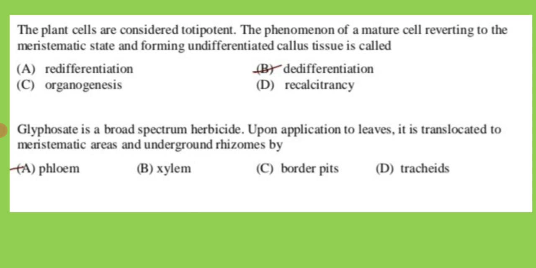But in de-differentiation, it is a process by which matured or specialized cells lose their differentiated characters and rejuvenate, or it is a process in which tissues that have undergone cell differentiation can be made to reverse the process so as to become primordial cells again.